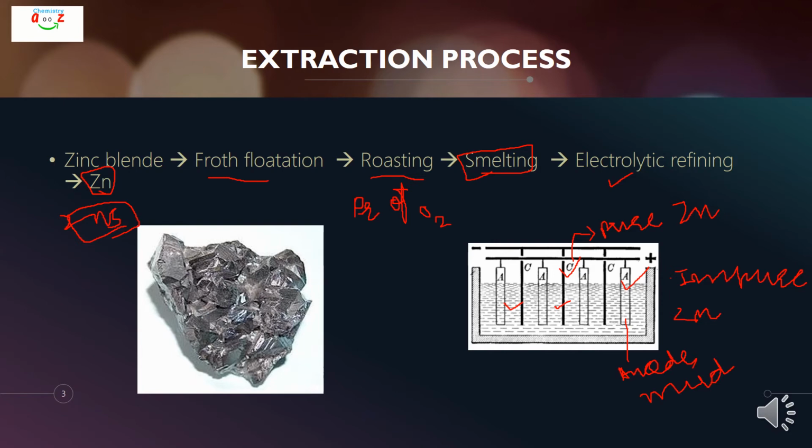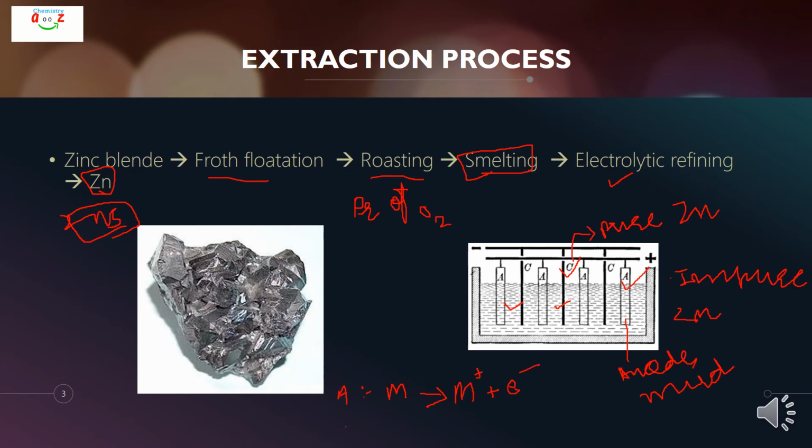Now let us see what reaction takes place on the anode. A means anode, the reaction which takes place over the anode. Here we consider M as zinc: M is converted into M plus ion plus electron.